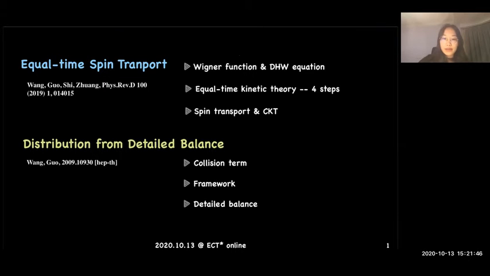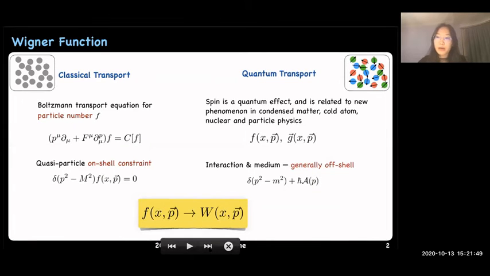So first, when describing a classical system, one just needs to obtain the classical particle number distribution function. And the kinetic equation of the distribution function is just a Boltzmann transport equation. For a classical system, the quasi-particle approximation always applies and all the particles are on the mass shell. But when it comes to quantum systems, things are quite different, because first the quantum system involves more intrinsic degrees of freedom, such as the spin.